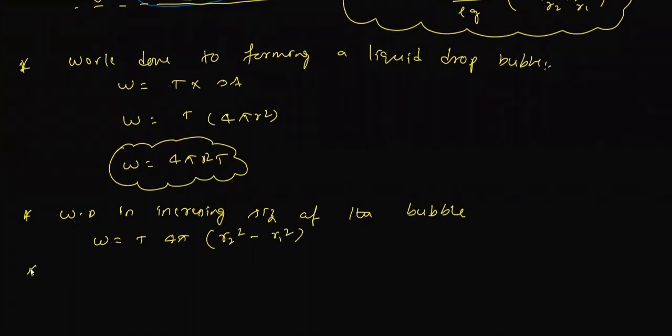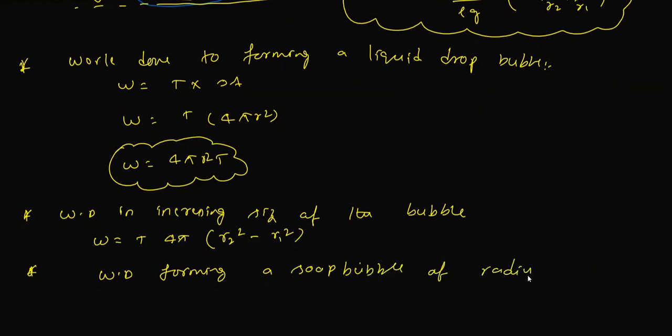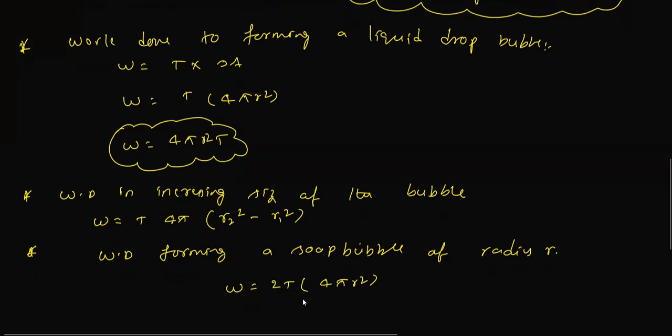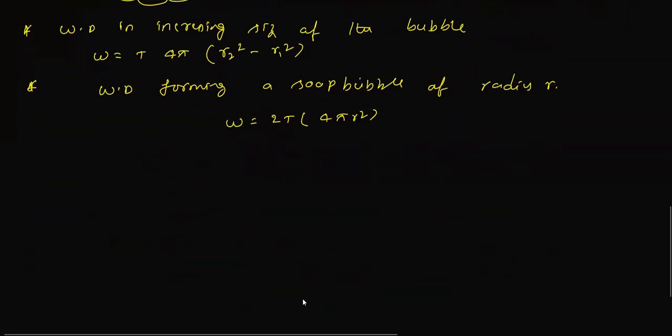Next one I want to comment on is work done in forming a soap bubble. For a soap bubble of radius r, how much work is required? Work done equals 2T into 4 pi r square. Why? Because a soap bubble has two layers, I told you. One is the inner layer, another is the outer layer. That is, the air layer is one layer, the soap layer is one layer we have.